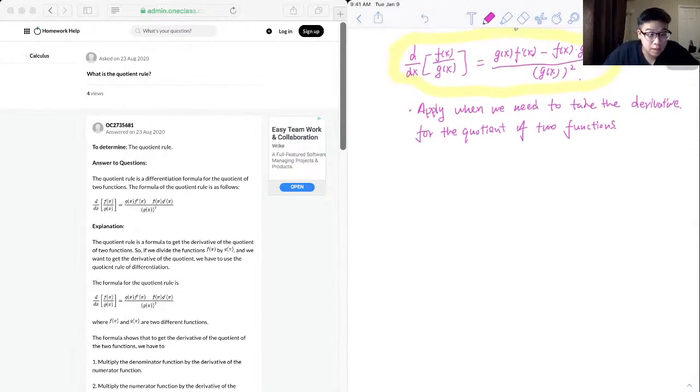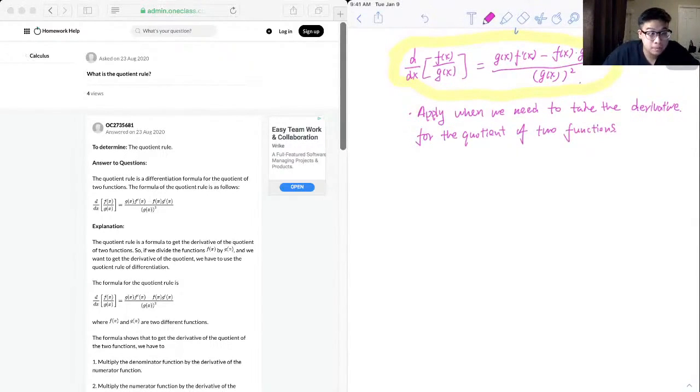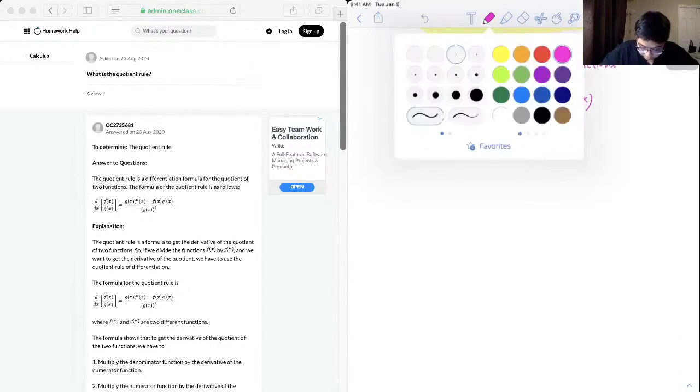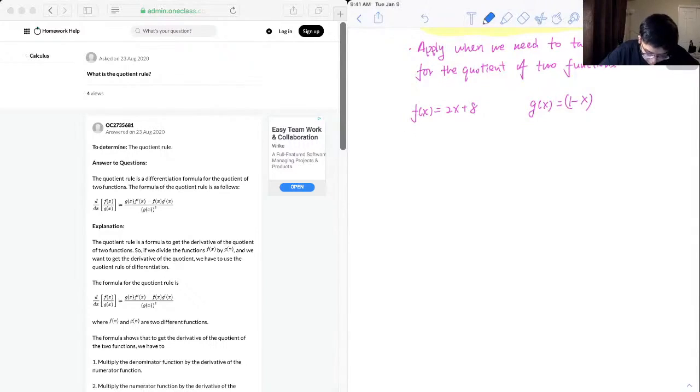So first, let's say we have f(x) is equal to 2x plus 8, and we have g(x) is equal to 1 minus x. And now we want to find the derivative of f(x) over g(x). So first, I'll write down the steps to solve these questions.